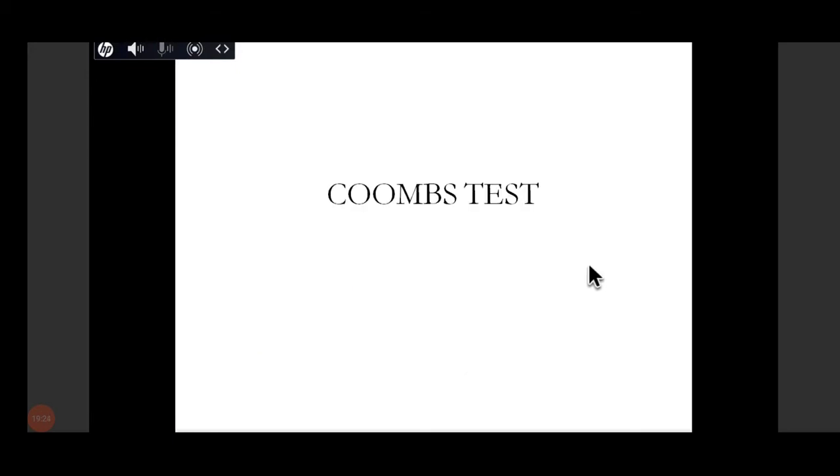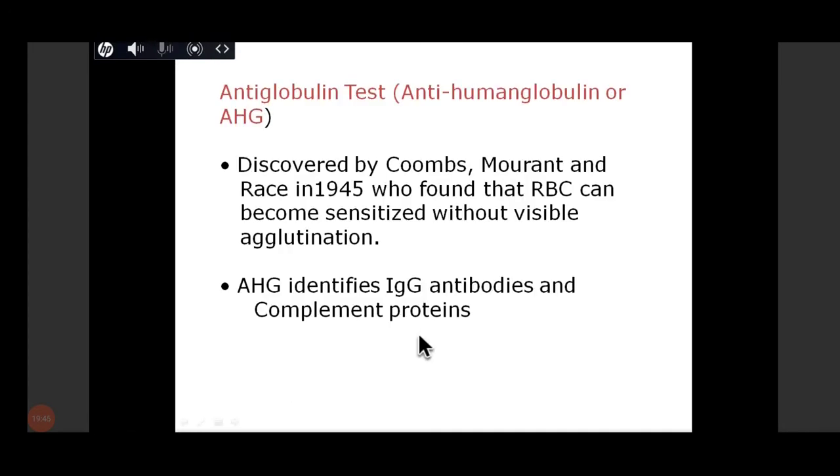Okay, Coombs test. I believe all of you know about the Coombs test because it was discussed in hemolytic anemia. The Coombs test is also important in transfusion medicine because it is one of the methods of determining your blood group, and also for your indirect testing or maybe for your minor blood groups also.